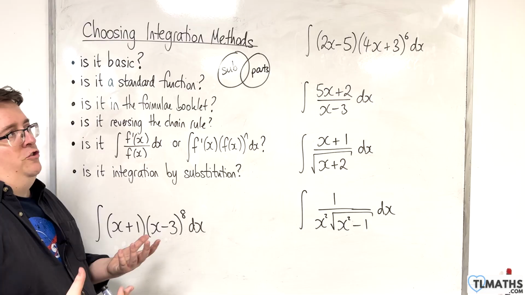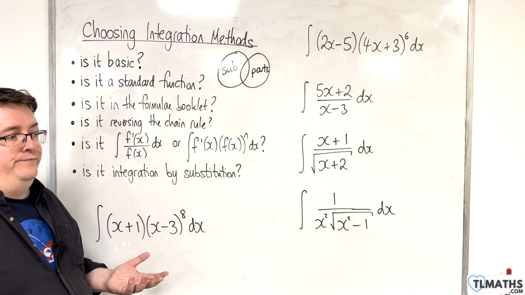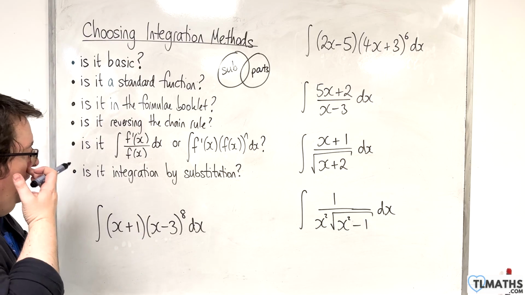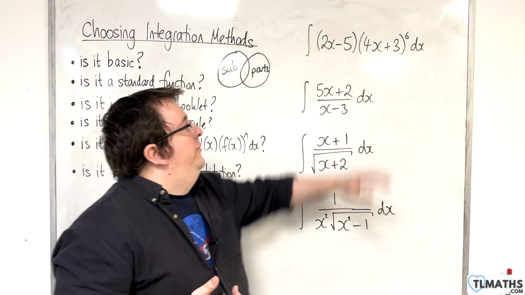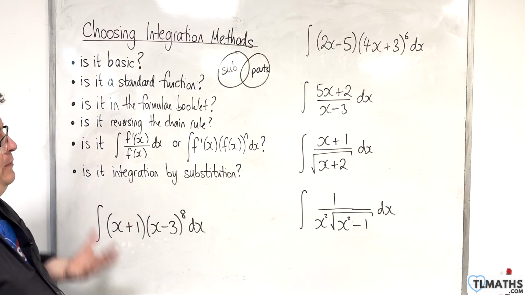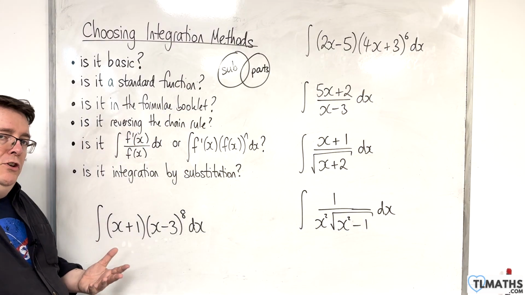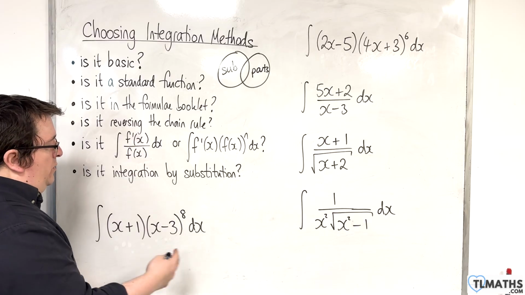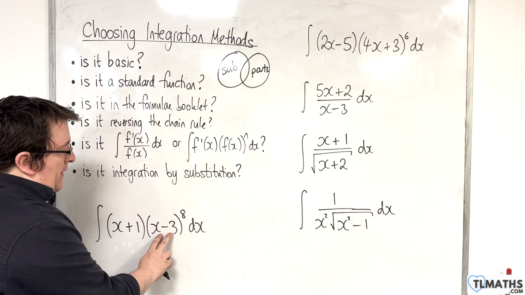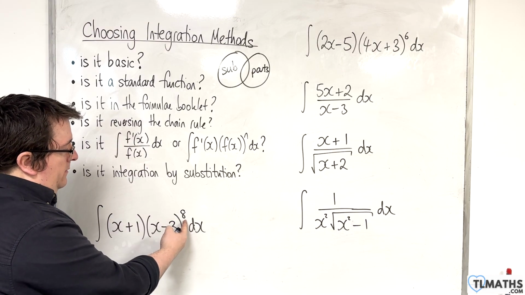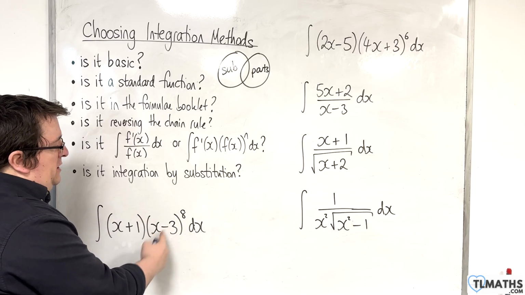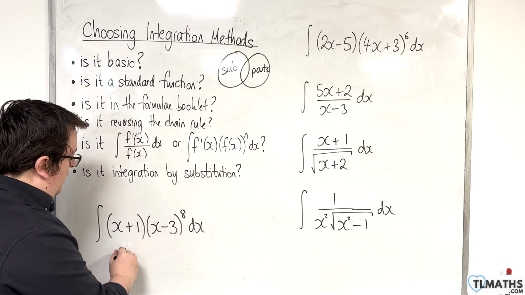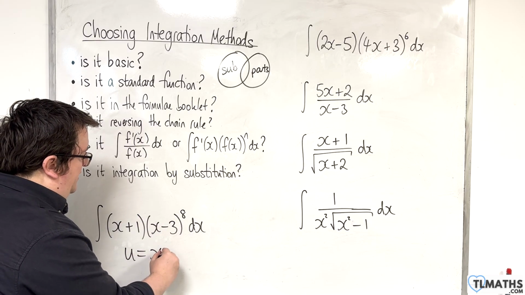There are questions where you could theoretically do either, and these are examples of that. So, if I was using substitution, what substitution would I use? Well, I would use the interior function that's to the power of the bigger number. So this is the power of 1, this is the power of 8, this is the one to choose. So use u is equal to x take away 3.